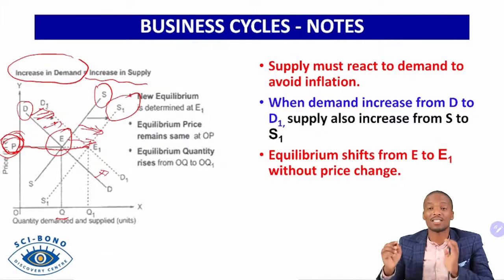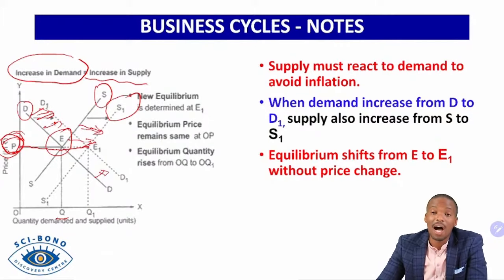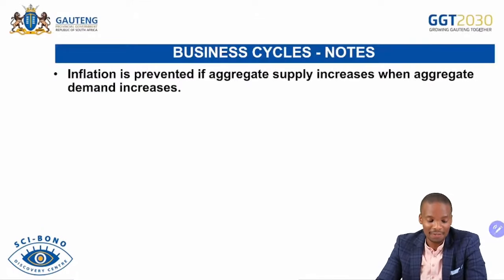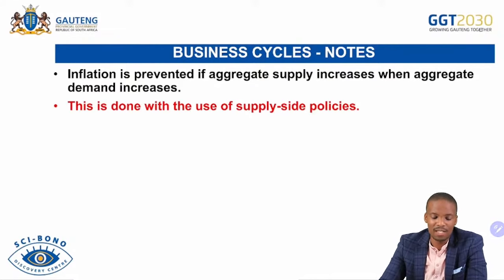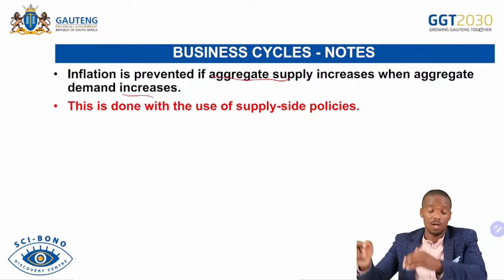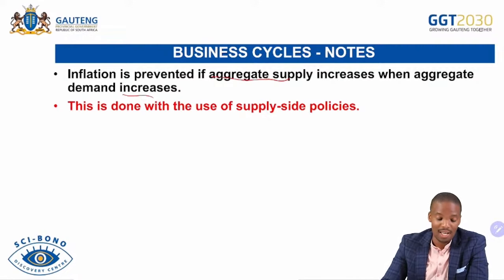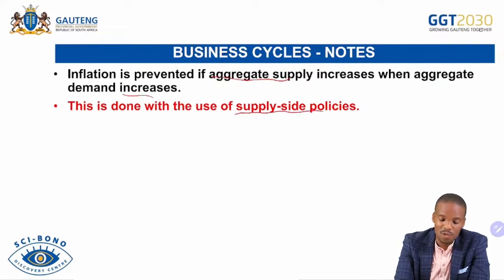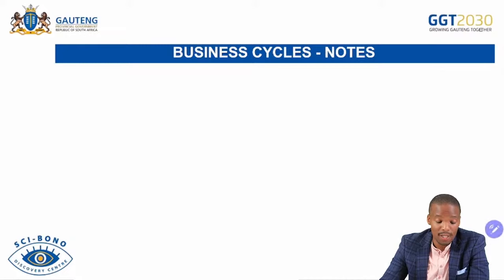In that way, we would have achieved what we want in terms of our economic policies or our new economic paradigm. Further, when we explain it, inflation is prevented if aggregate supply increases when aggregate demand increases. They should also increase simultaneously. And this is done by the use of supply side policies.